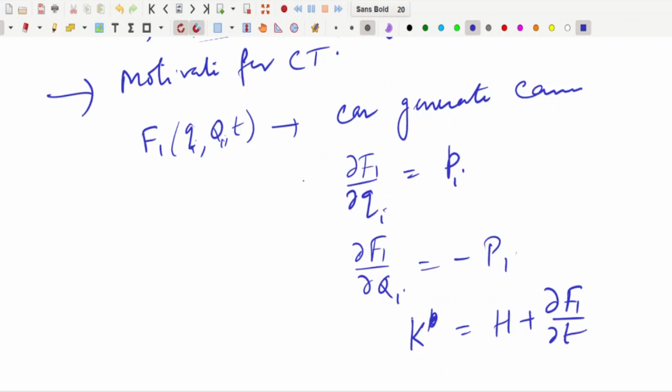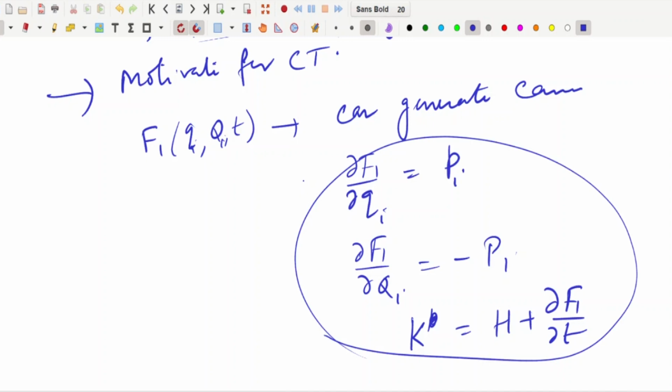So this f1 can generate the canonical transformation.